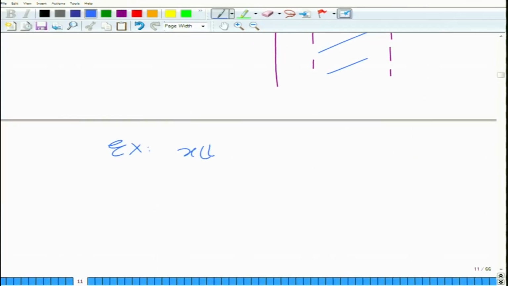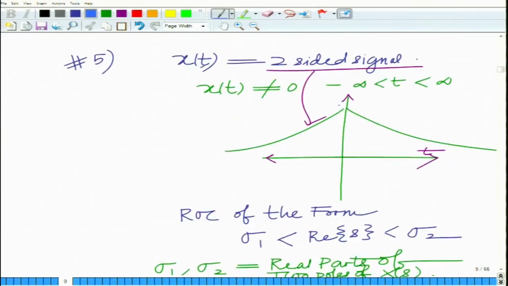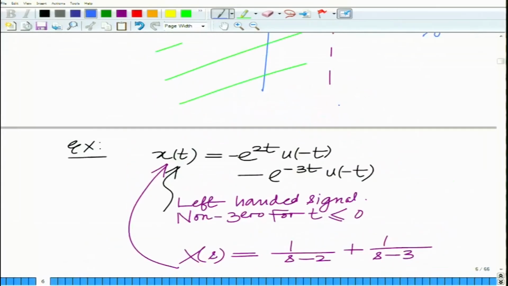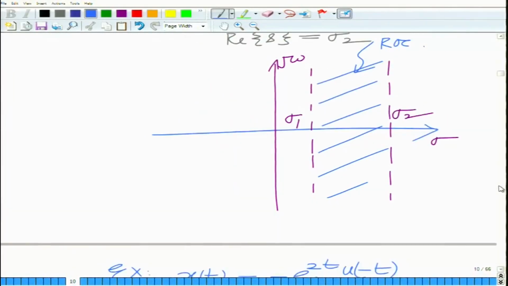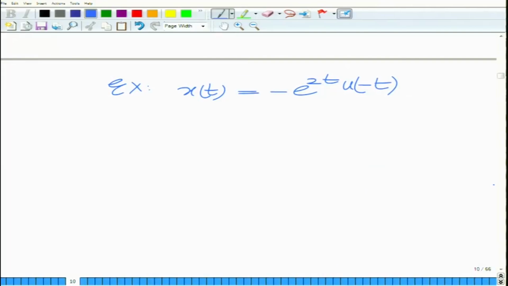For instance, if you take x(t) equals minus e raised to 2t u(minus t) plus e raised to minus 3t u(t), then the Laplace transform.